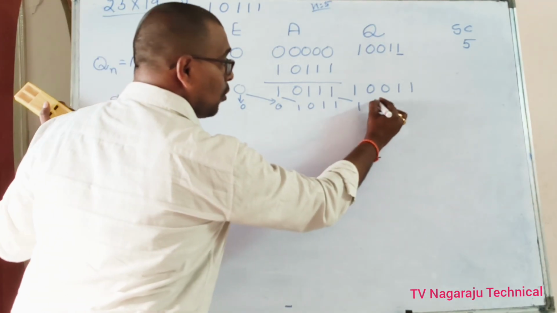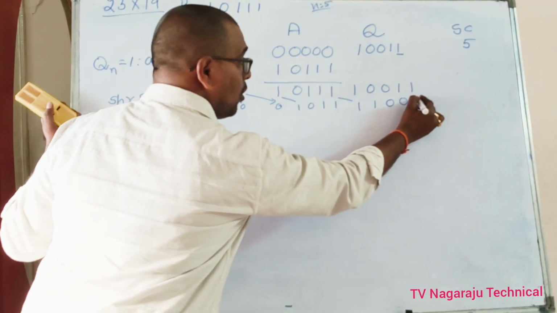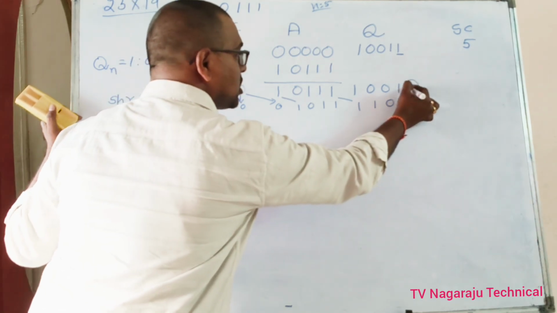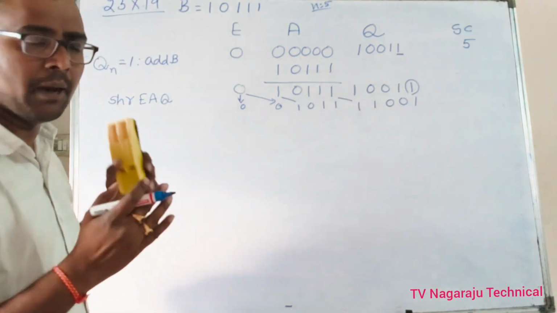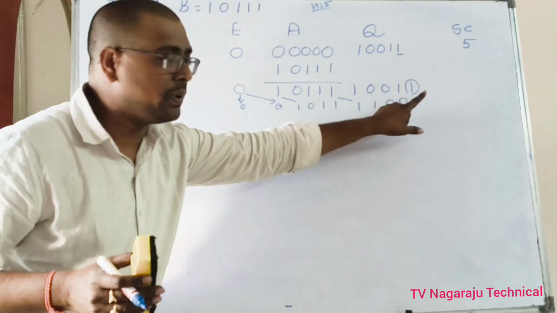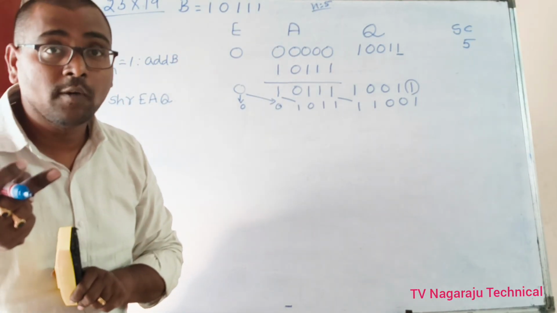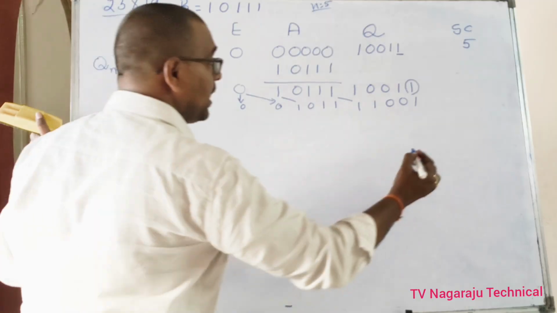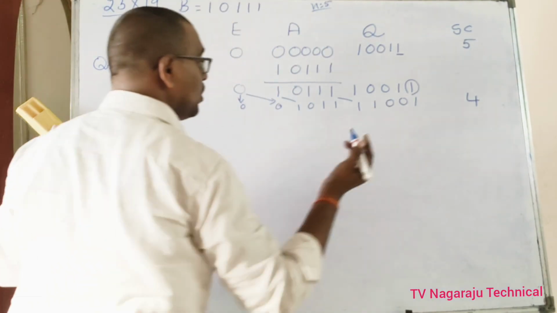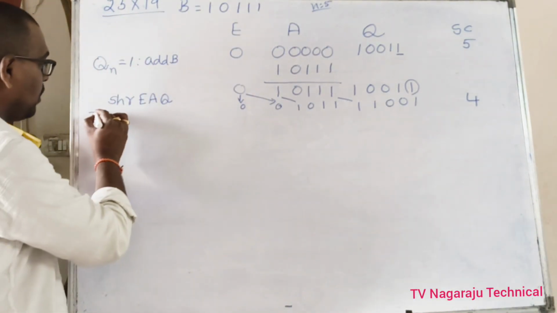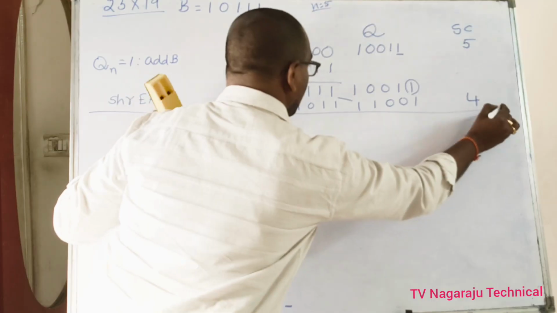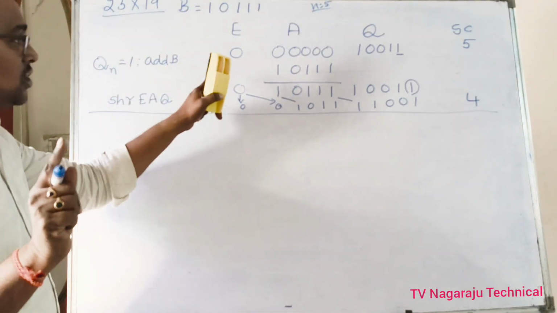You got it? 10011. We lost the last one. Simply, for one shift right operation, we lose the last bit. Once the shift right operation is completed, the value of the sequence counter is decremented by 1. Now the sequence counter value is equal to 4. This is step 1, that is, the first iteration.